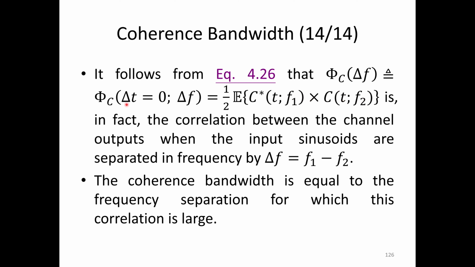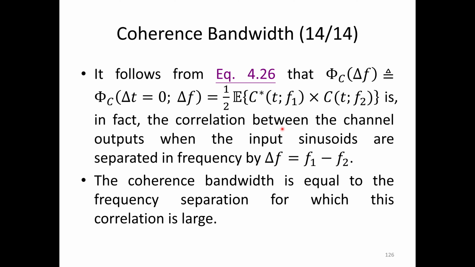You can see that because delta T is equal to 0, here is T and here is T, and delta F is equal to the difference between F1 and F2. So this function is, in fact, the correlation between the channel outputs when the input sinusoids are separated in frequency by delta F, which is equal to F1 minus F2.